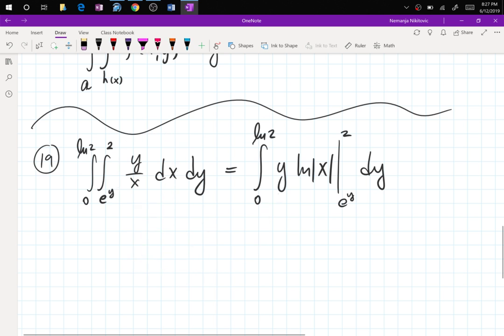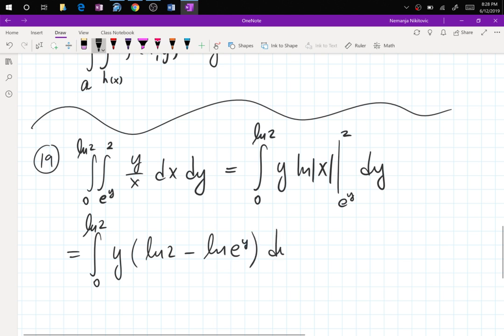So now that I have that, plug in the limits and go further. So what I have now is y, and now I have ln 2 minus ln e to the y. And I still have dy.